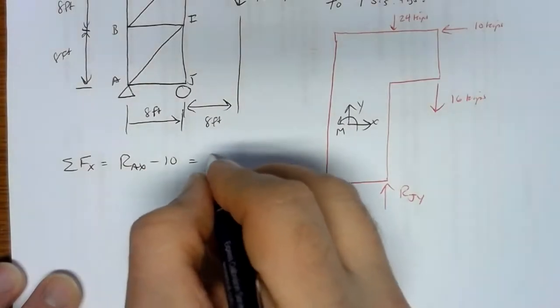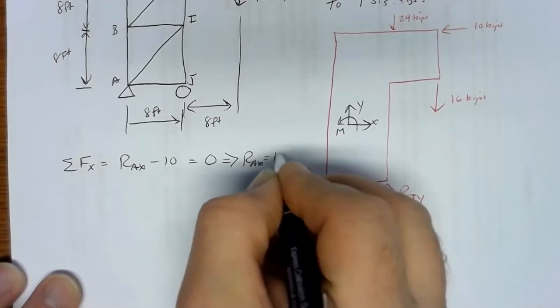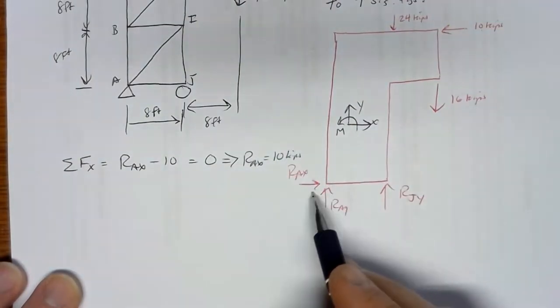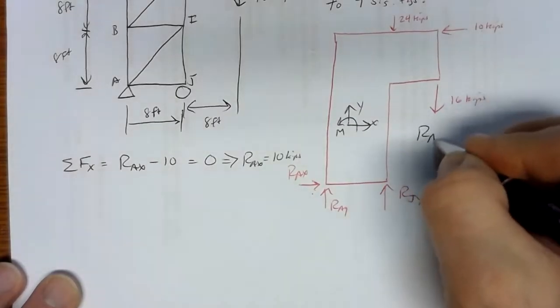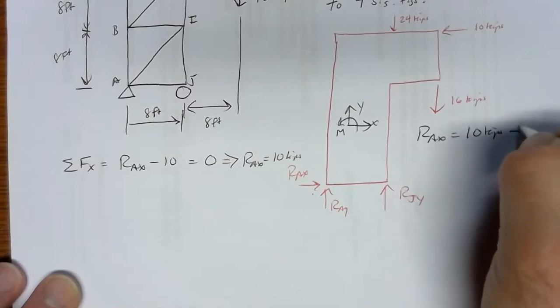So that gives us a result immediately. If that's equal to 0, then RAX must be 10 kips. Came out positive, so we know our assumed direction is good there. So we've got one piece of information. We've got RAX is 10 kips to the right.